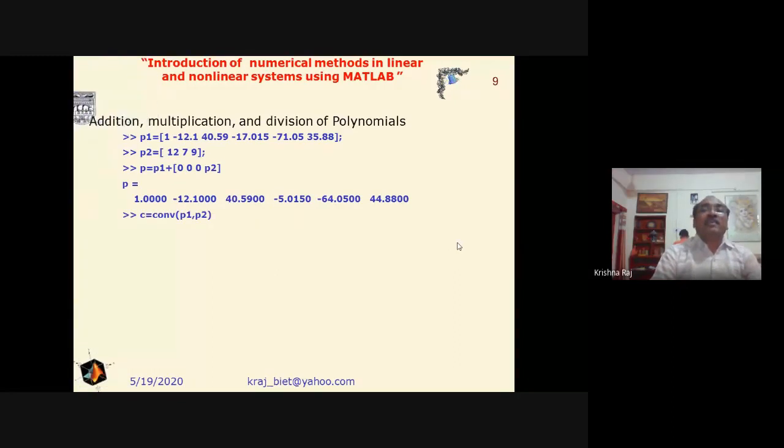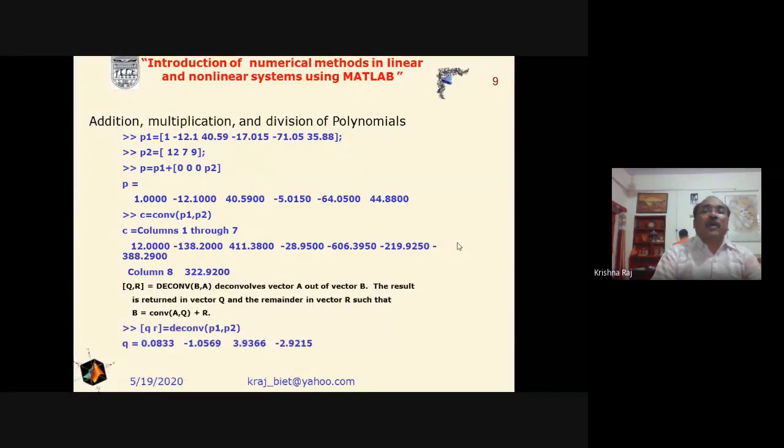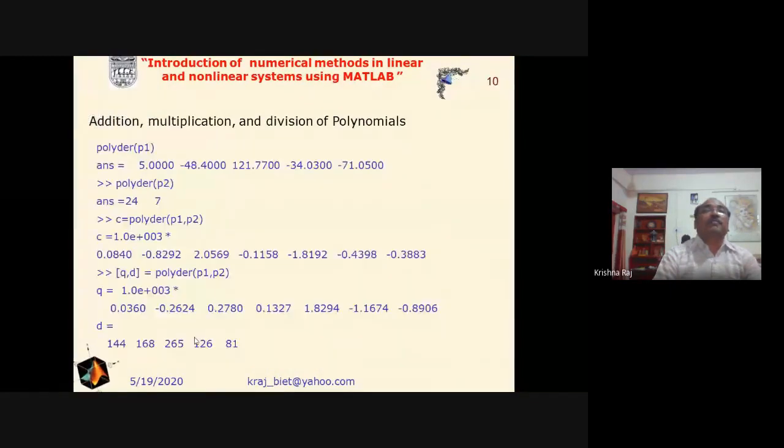Now multiplication of the 2 polynomials by using the command conv, and here we will get the result. And deconvolution, that is the division, in order to get the deconvolution, we have to write the deconvolve command here. Now if we are interested in getting the derivative of any polynomial, then we have to write polyder. And after derivation, the coefficients will be represented here.